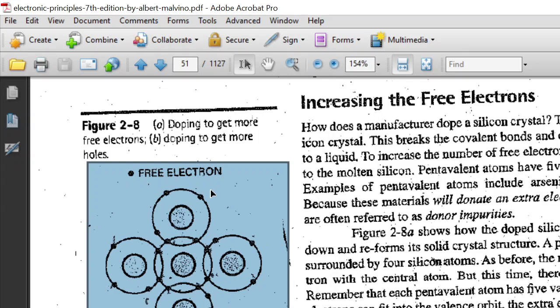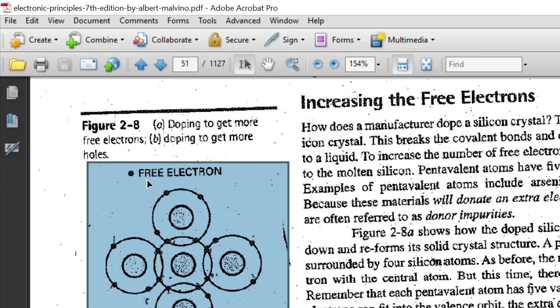So in this way, for the number of pentavalent atoms that we add in the pure silicon crystal, that many free electrons we will readily get. So here we have control on the number of carriers that we wish to produce within the semiconductor crystal.